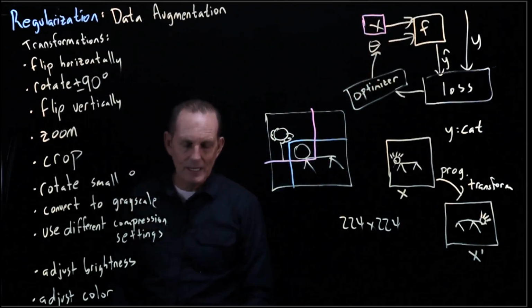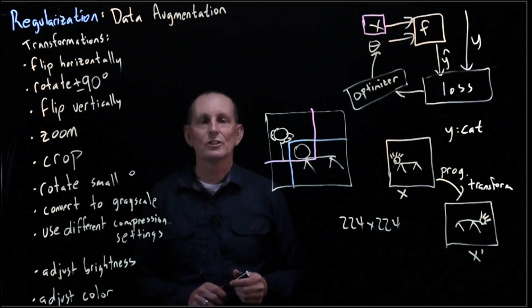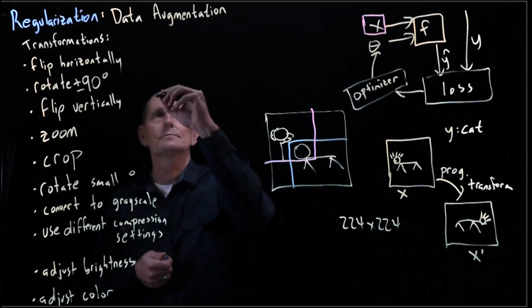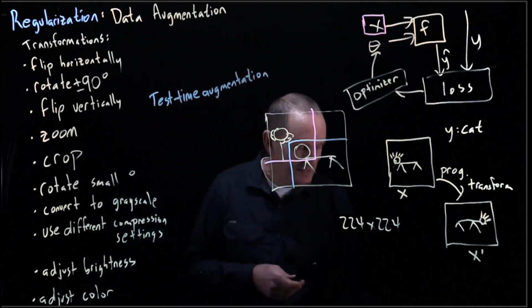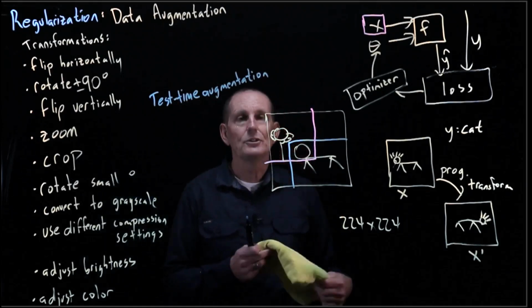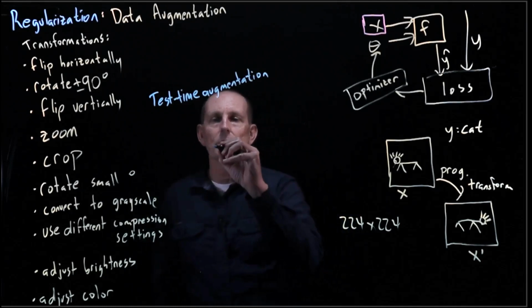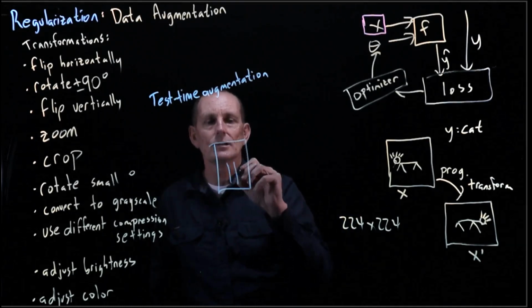If we've done this sort of augmentation, the other thing to note is, as well as augmentation during training, we can actually do test time augmentation. So test time augmentation says, when we're actually doing testing, let's say with the validation data set, we've got an image. Maybe it's a tree.